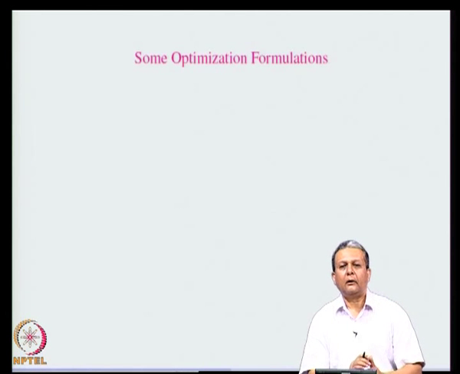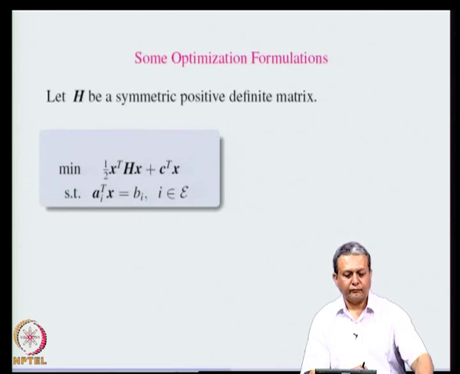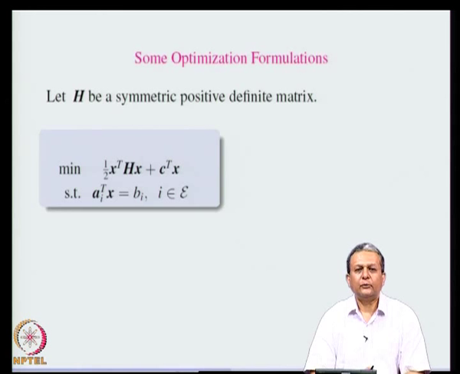Now, we will be looking at some formulations, and in most of our discussion those formulations will be used to demonstrate the usefulness of some of the algorithms. So, let us assume that H is a symmetric positive definite matrix.